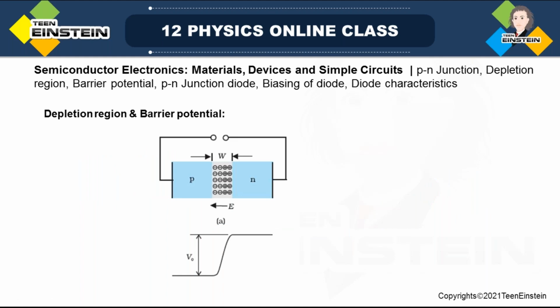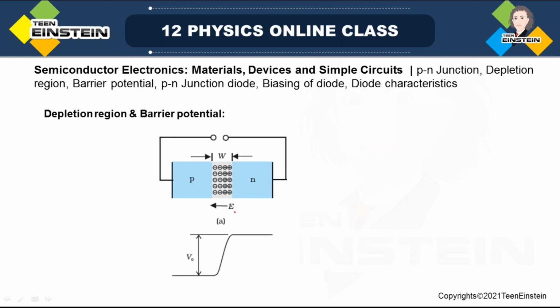As you see, left hand side is P, right hand side is N, and since the space charges are positive near the N side and negative near the P side, there will be a greater potential on the N side and lower potential on the side of P type.